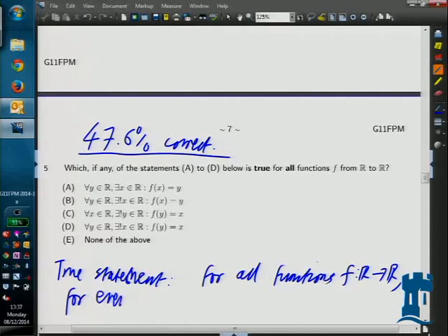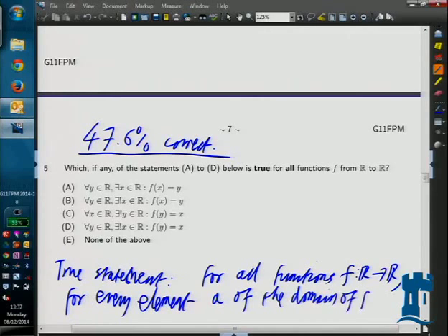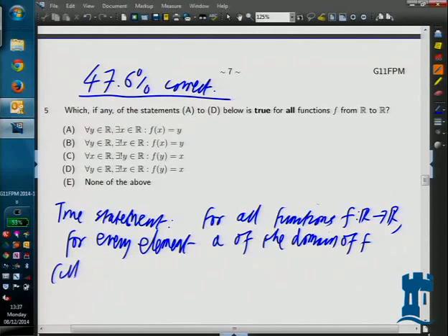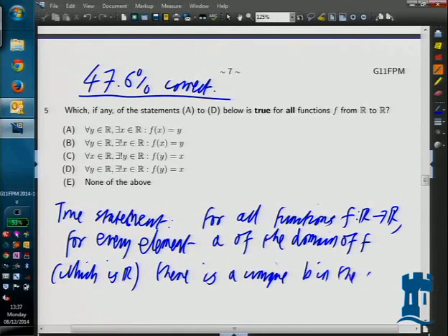For every element, and I'll use a different letter, A, of the domain of f, which is R, there is a unique B in the codomain, which is R again, with B equals f of A.